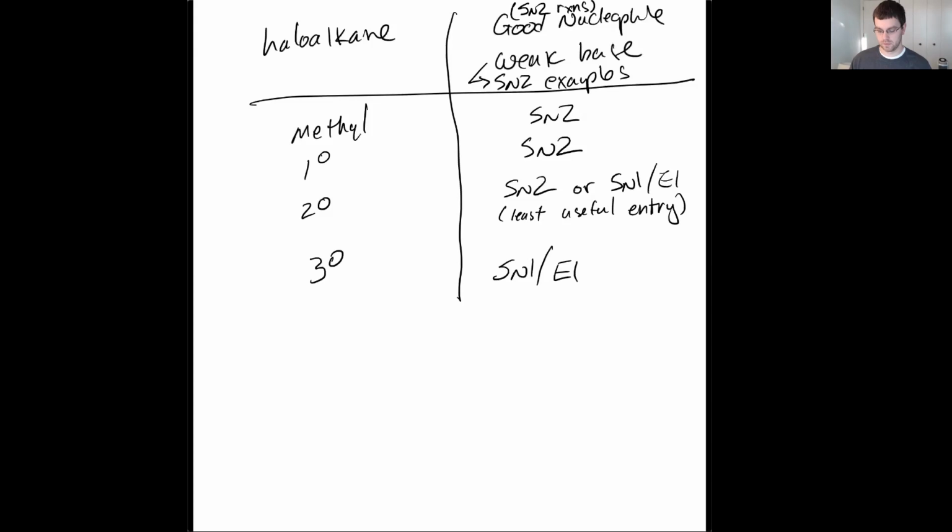Now the third category is an example of when this table gets to be particularly useful because it allows us to see a switch between reactivity.